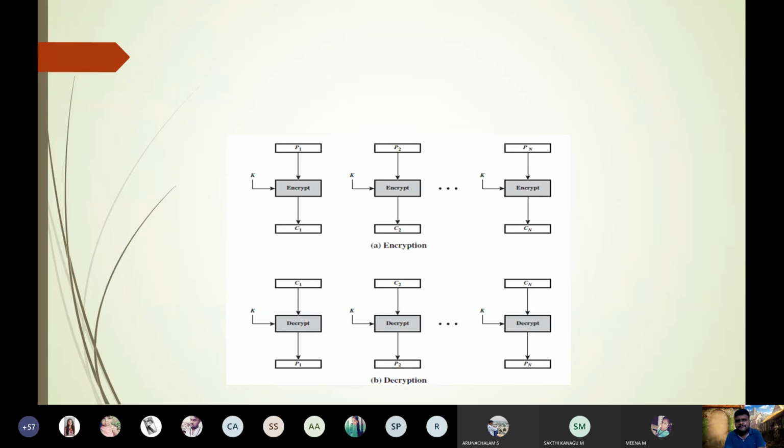So how many parts will be there? Four. The single plain text will be divided into four parts: P1, P2, P3, P4, and P1 has 32 bits, P2 has 32 bits, P3 has 32 bits, and P4 has 32 bits. Clear? Okay. I can encrypt each 32-bit part by using the key.